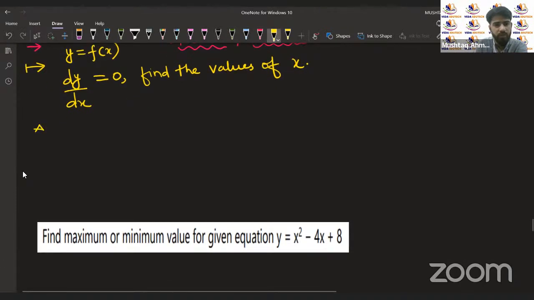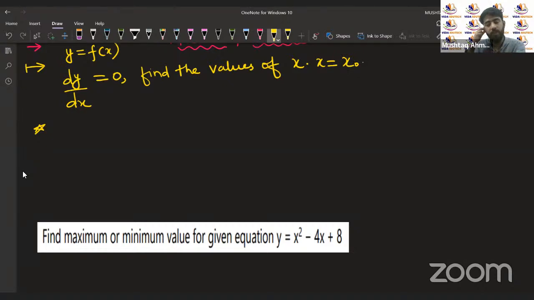And then suppose the value of x at which dy by dx is 0, let's consider that is x naught.